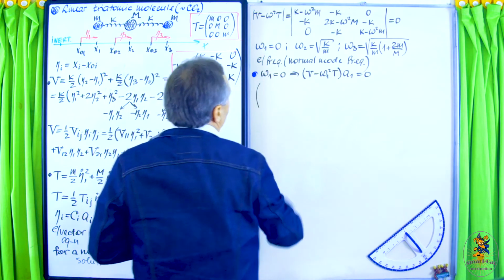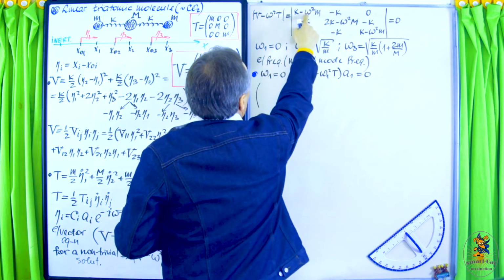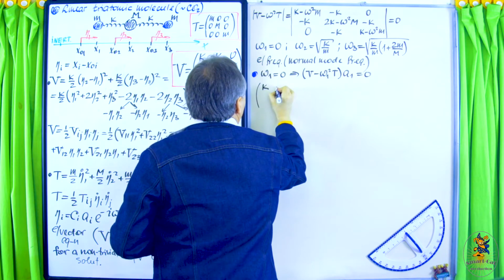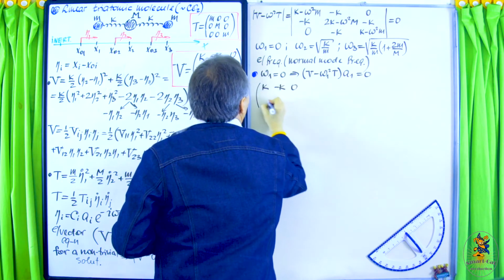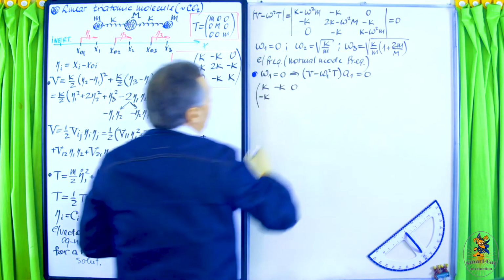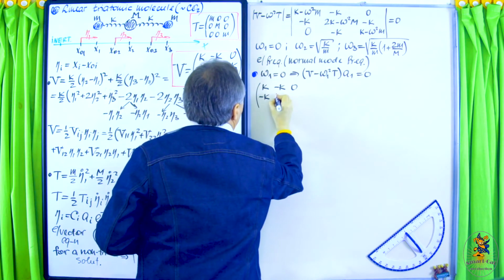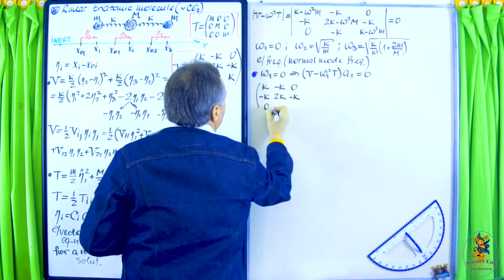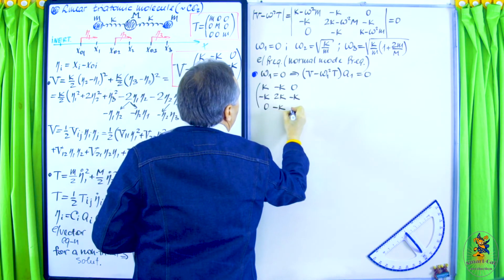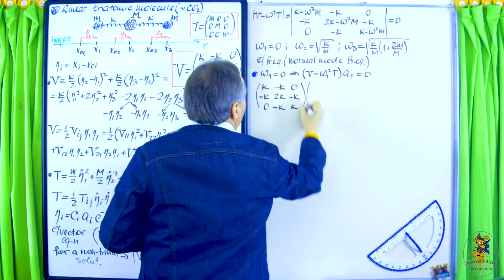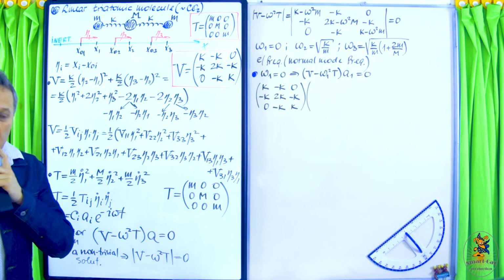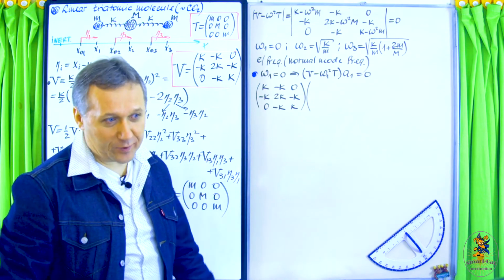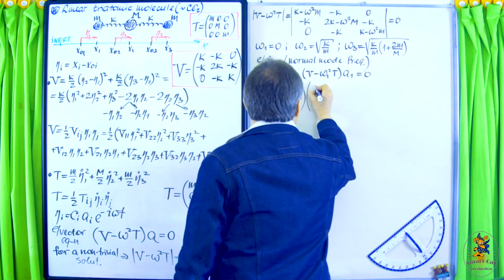It will be equal to, okay, k minus omega equals 0, so it's simple. I don't have to think. k, minus k, 0, minus k, 2k, minus k, and then 0, minus k, k, right? And then, of course, a column of amplitudes of the particles in the first normal mode, which are basically eigenvectors.